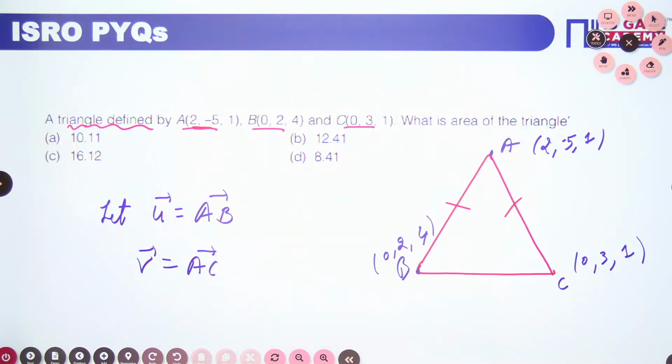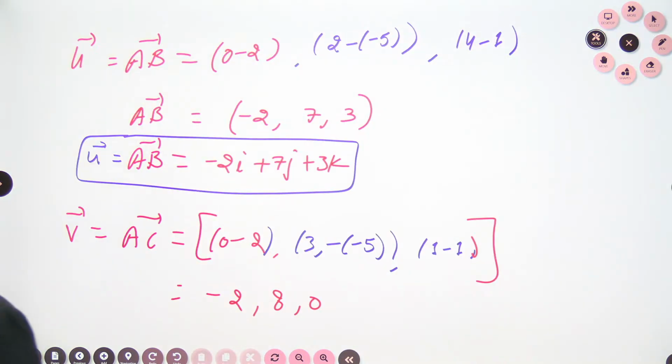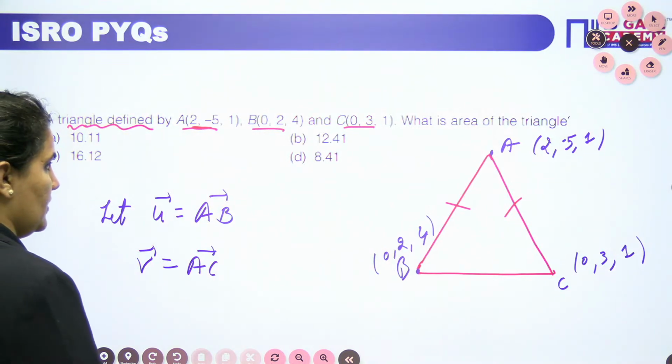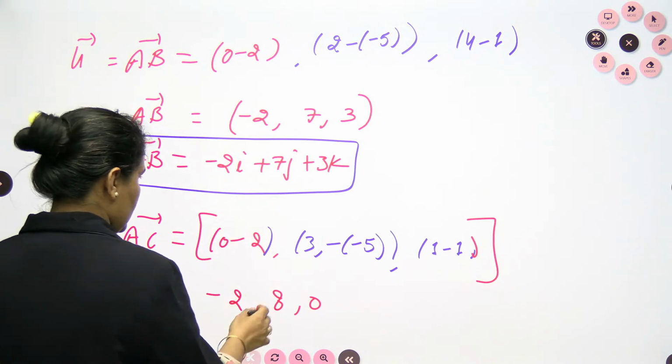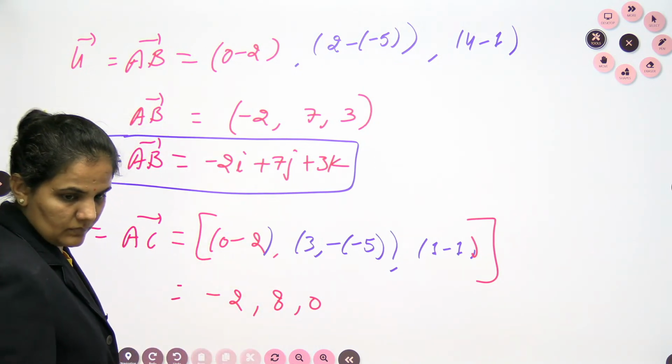Oh, wait a minute. For the coordinates of AC, this is okay. Okay, so this is minus 2, 8 and 0. All right.